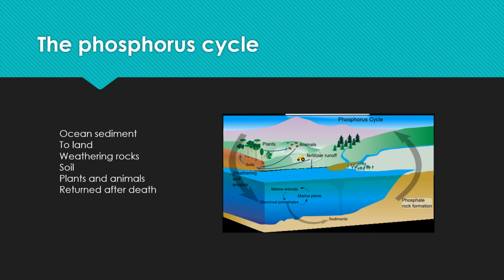Phosphorus cycle. It's the movement of phosphorus from ocean to land, and it's done by something called geographic uplift. Then, so we're going ocean to land, then if we wear down rocks, it goes back into the ocean eventually through plants and animals.